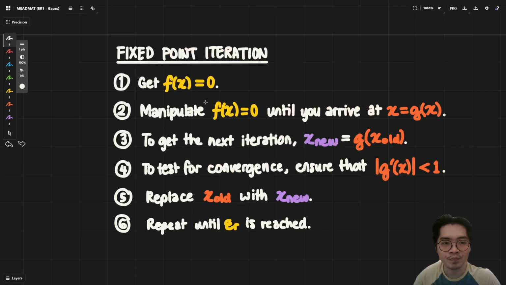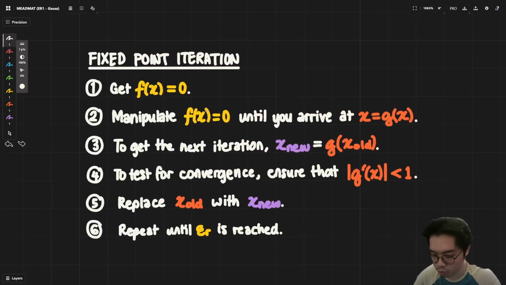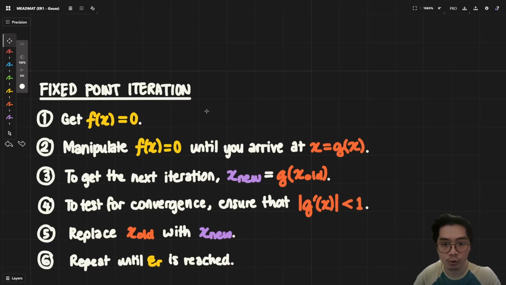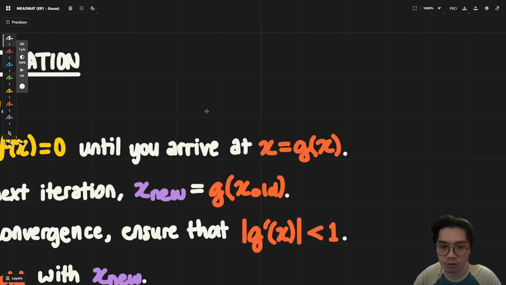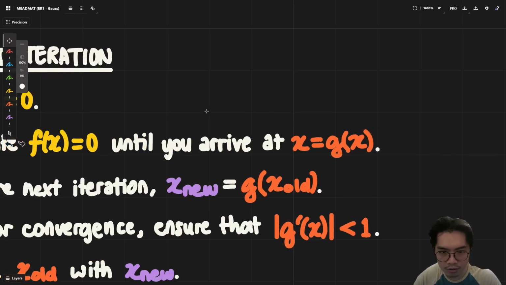Now step 2 is perhaps the most difficult one. You're going to have to manipulate this equation, f of x equals 0, until you arrive at a new equation, g of x is equal to x, or x equals g of x. The thing is, there are no other instructions.